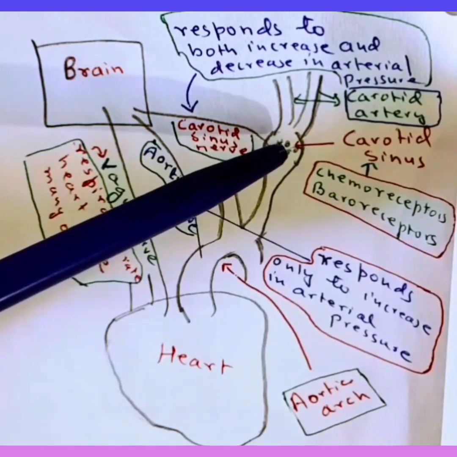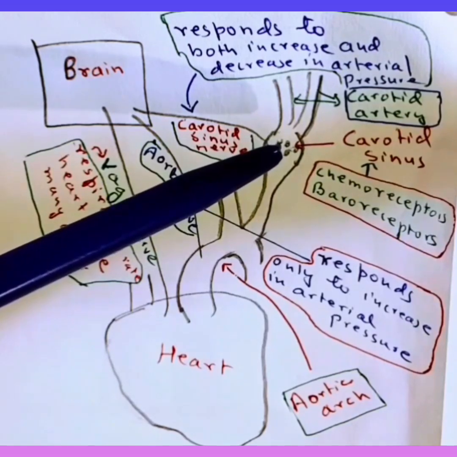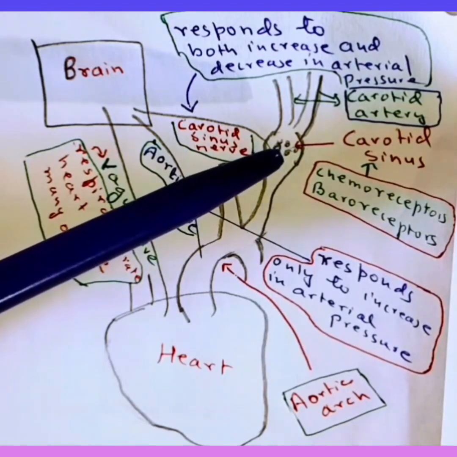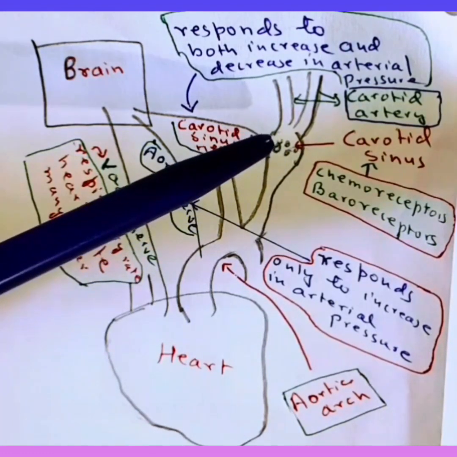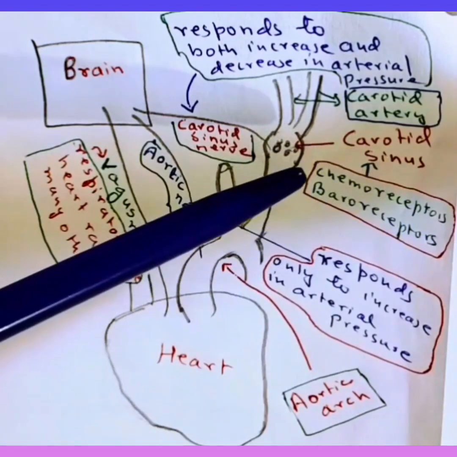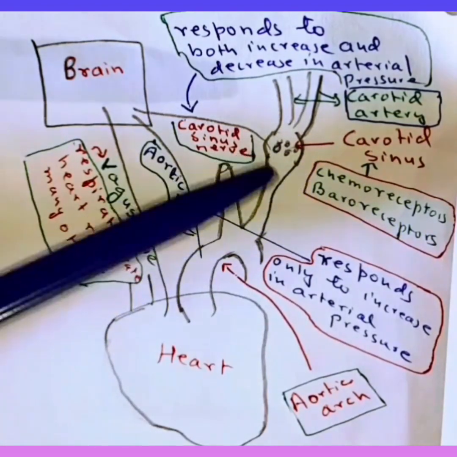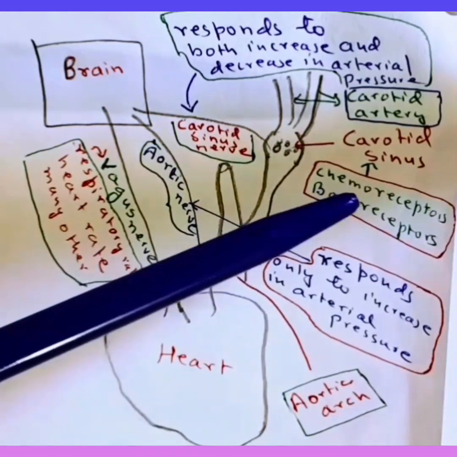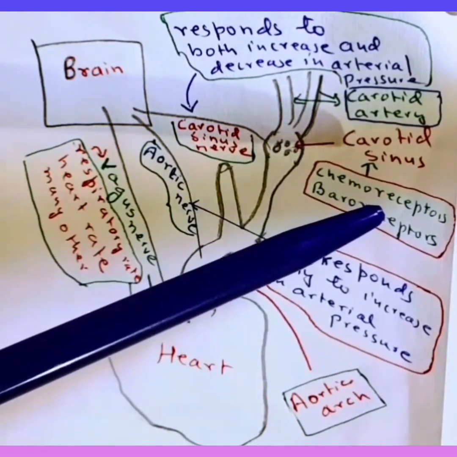When we do exhaustive work, our rate of respiration increases, owing to which carbon dioxide and oxygen concentration also varies. That is taken care of by chemoreceptors. Mainly I talked about carbon dioxide and oxygen. There are other gases also which are in trace amounts.